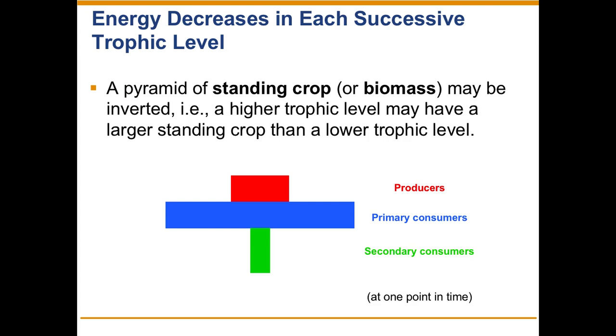So here we've got primary producers, far more primary consumers than primary producers, and again fewer secondary consumers. And what we're seeing here is an effect of different turnover rates, life cycle rates associated with different trophic levels.